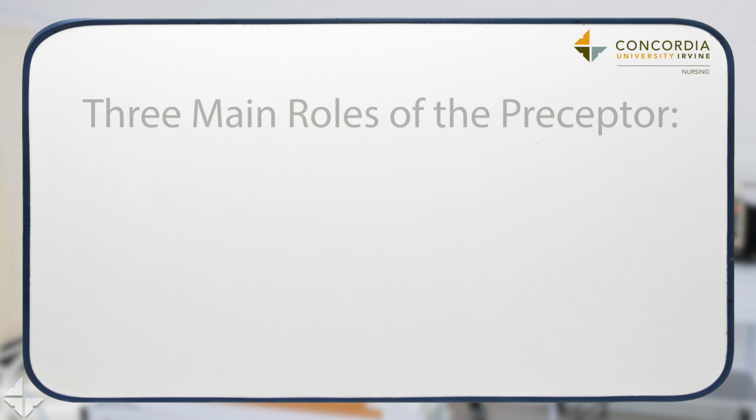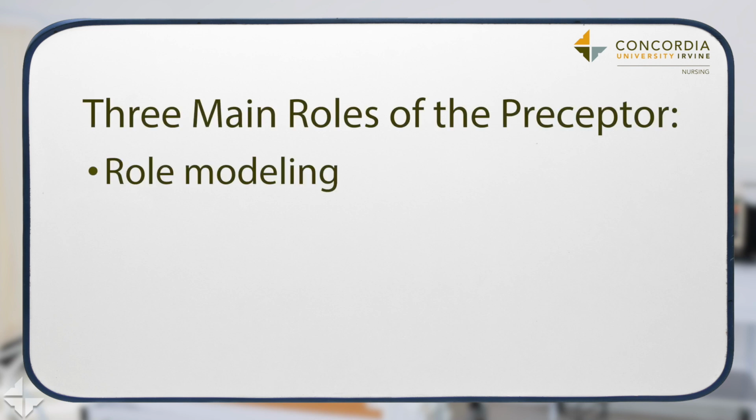The main three roles of the nurse preceptor are as follows. Role modeling, which is a process in which an individual identifies with and assumes the values and behaviors of another person that ultimately results in behavior modification that is usually permanent.